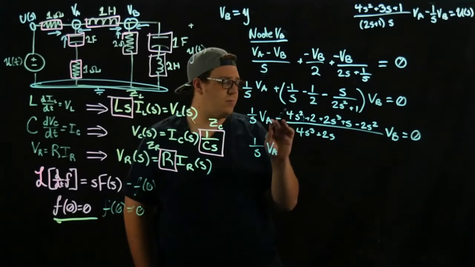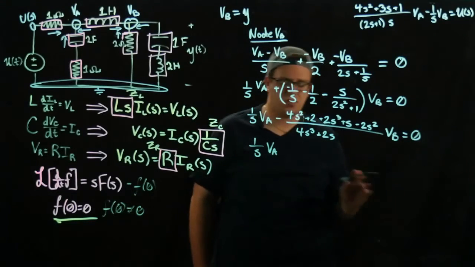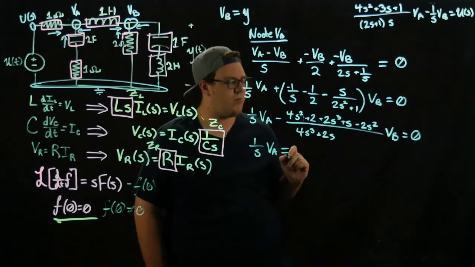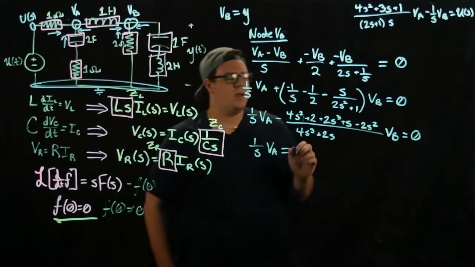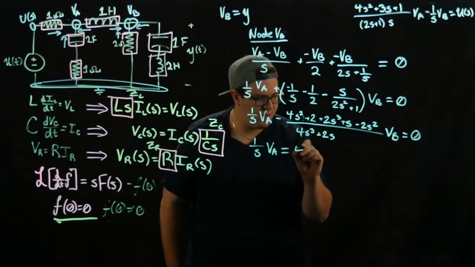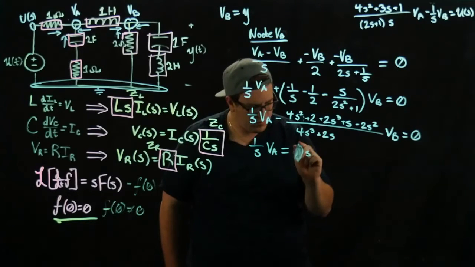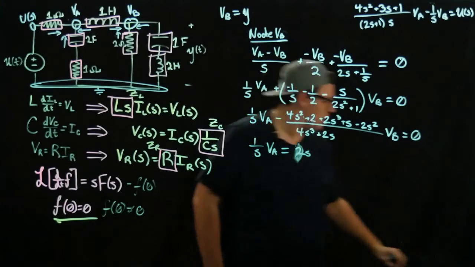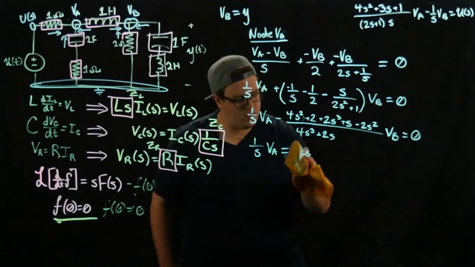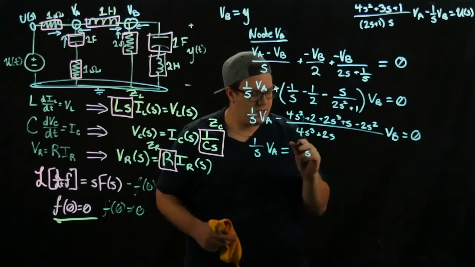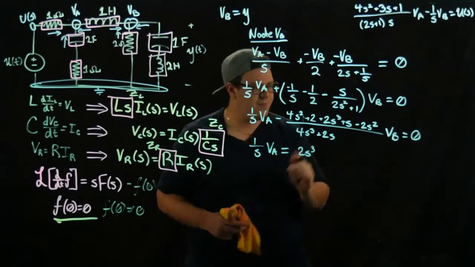And so instead of this being subtracted, I'm just going to pull it over to the other side because this is what we were going to do eventually anyway. So combining like terms, we have 2s cubed. Sorry, we have 2s cubed.